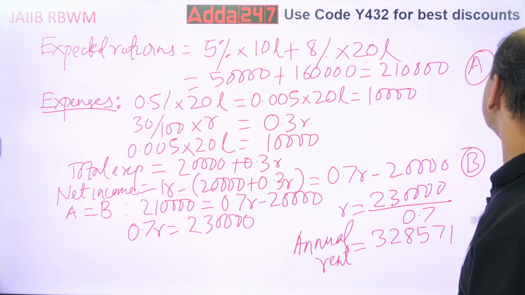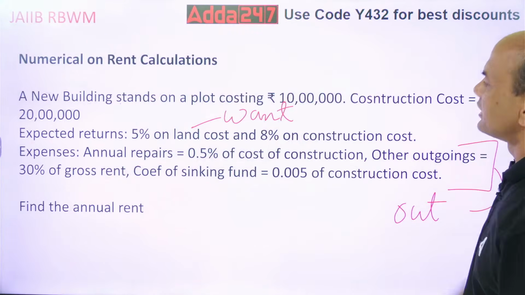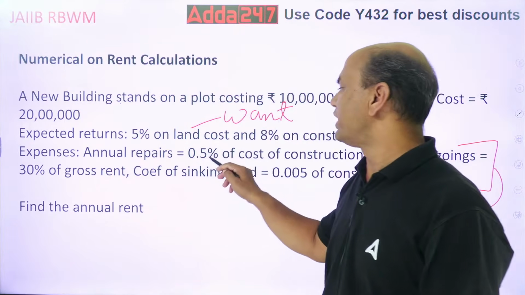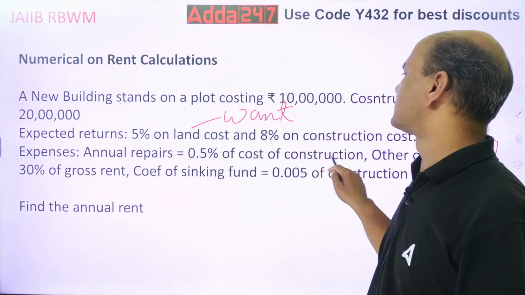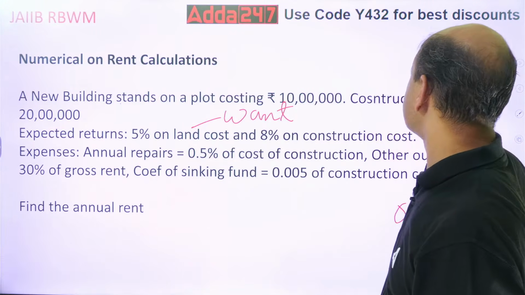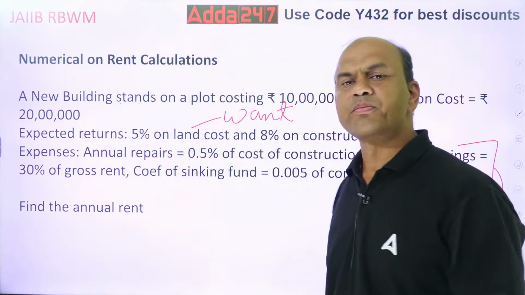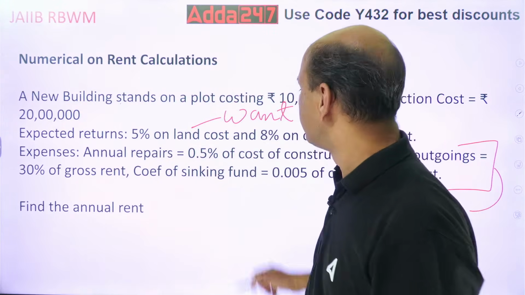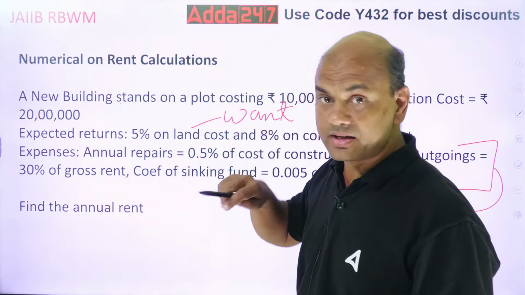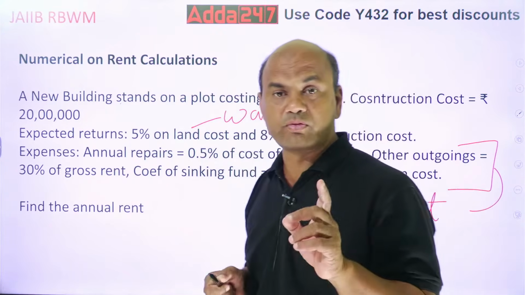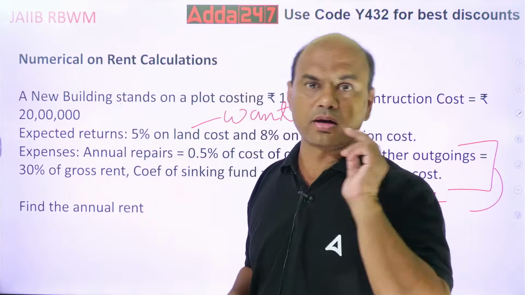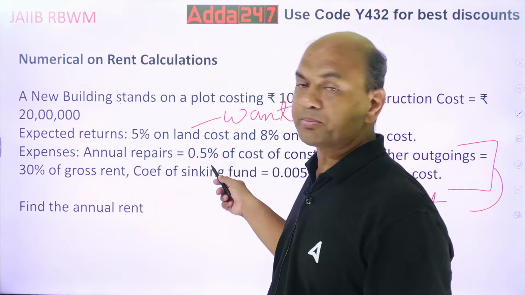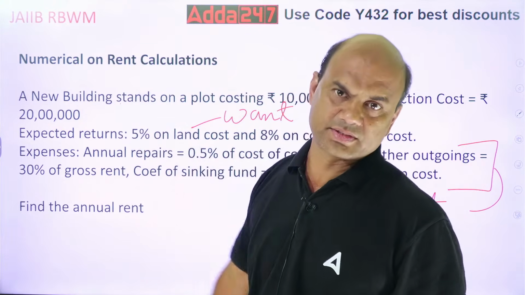Now what are the expenses? Expenses: 0.5% of the cost of construction. So what is the cost of construction? 20 lakhs. So 0.5% into 20 lakhs. Kindly note, it's not 0.5, it's 0.5 upon 100. So 0.5% into 20 lakhs.